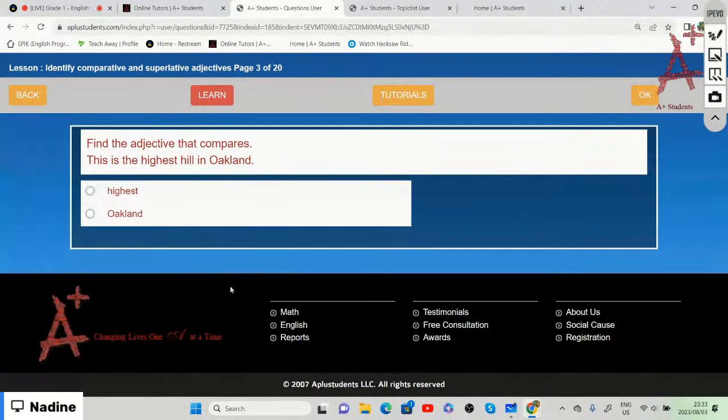This is the highest hill in Oakland. We need to choose the adjective that compares. Is it highest or is it Oakland? We need to choose the correct adjective that compares.